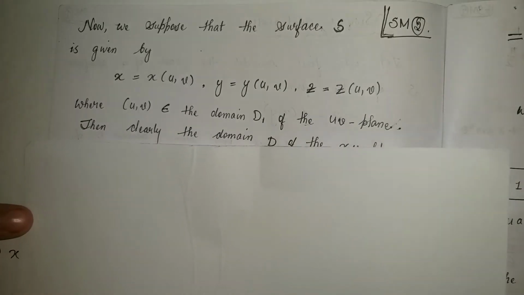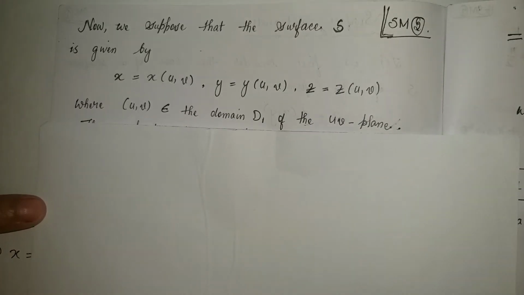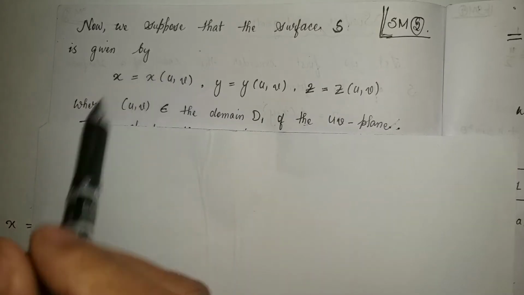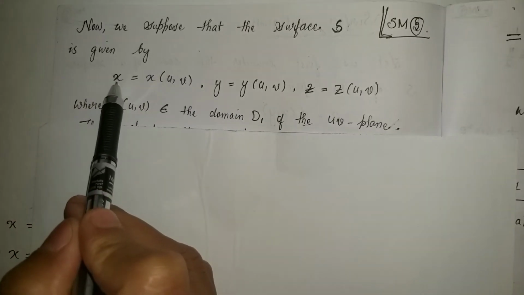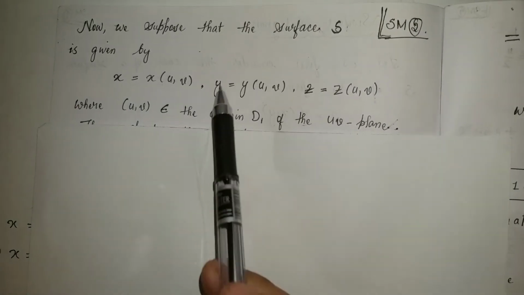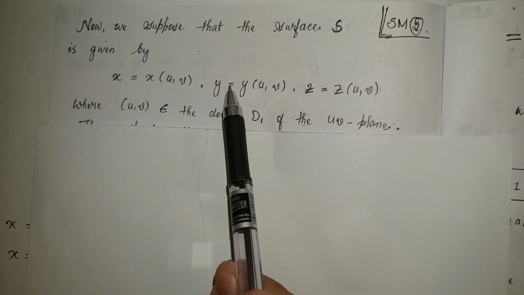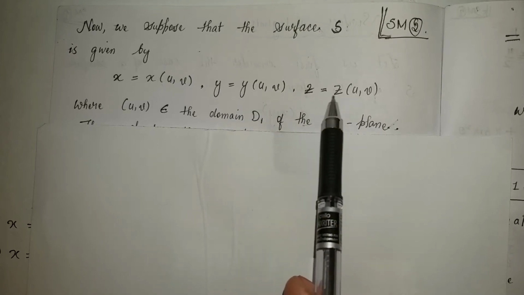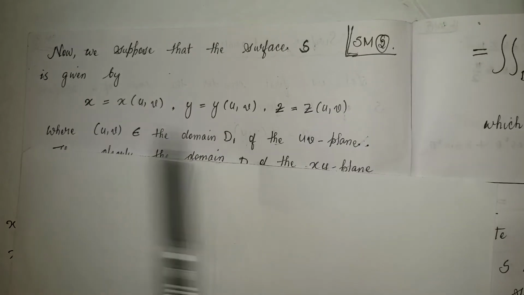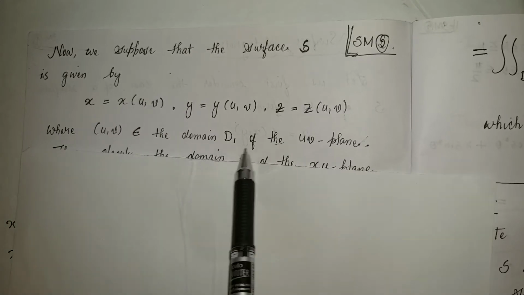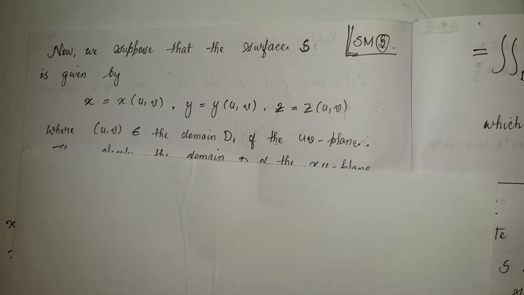Here we parameterize x, y, and z. We express x fully in terms of u and v. Similarly, y, we fully express it in terms of u and v. z is also fully expressed in terms of u and v, where u and v belong to the domain D1 of the uv plane.